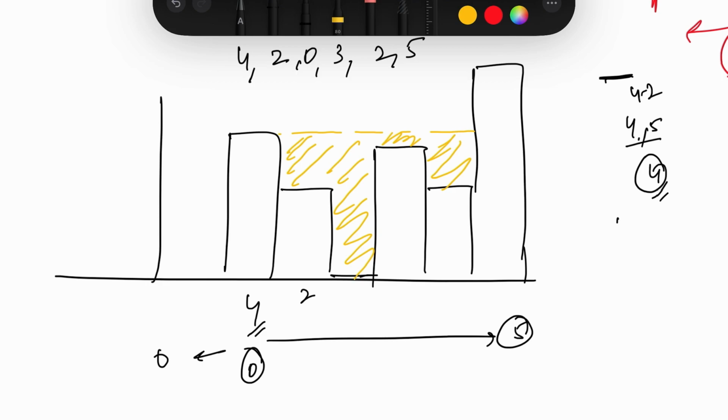So 4 minus 2 is equal to 2. 2 units of water we can hold. This is a ground, no building. So it's again 4, because on the left side we have 4, on the right side we have 5. And here we can see that over all the buildings on the right side we have 5, which is the tallest building. There is no taller building on the right side of it.